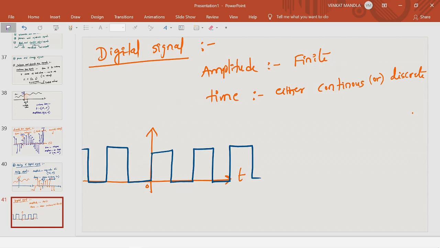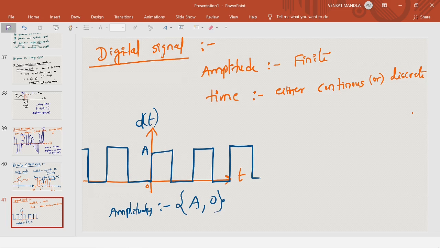How many values is it taking? Let us say this is some signal, suppose some d of t. Time is continuous. Let us say this is a. So the amplitudes here are either a or 0.